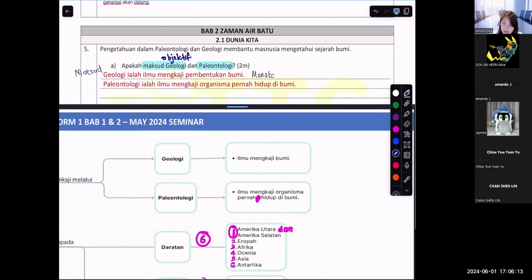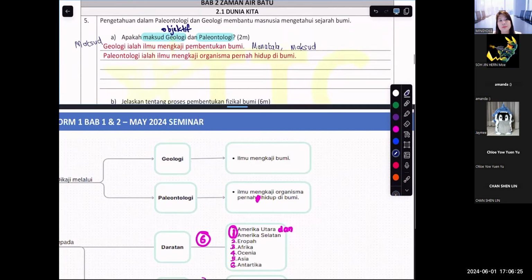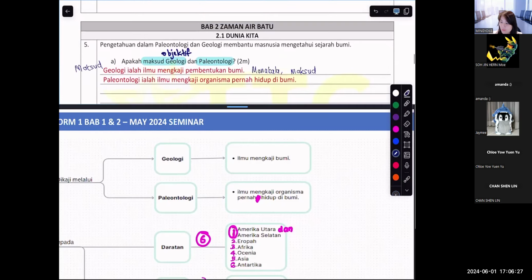Manakala maksud paleontologi ialah ilmu mengkaji organisme pernah hidup di bumi. See? So you have to have what? You have to have kepala soalan and penanda wacana under your soalan, fakta soalan.